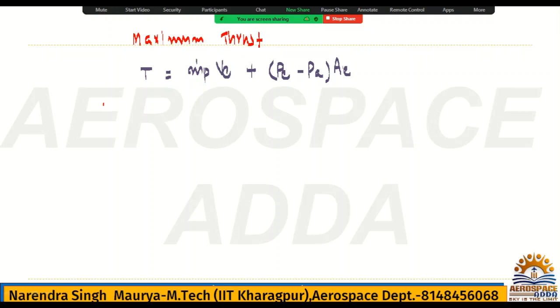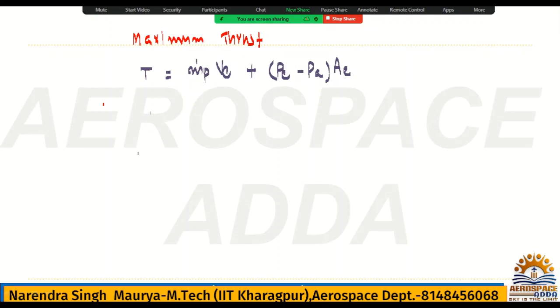As you know, m dot p is constant, and the exit velocity totally depends on the combustion chamber property. So VE is also constant, and the mass flow rate of propellant is also constant. What is the variable? Variable is only this pressure term.